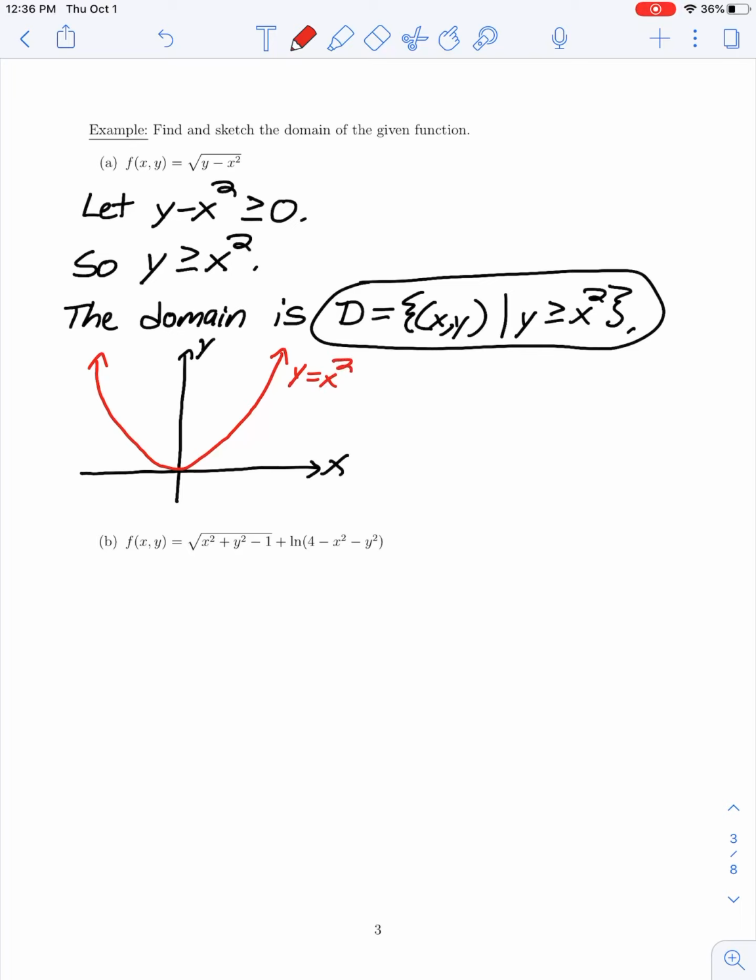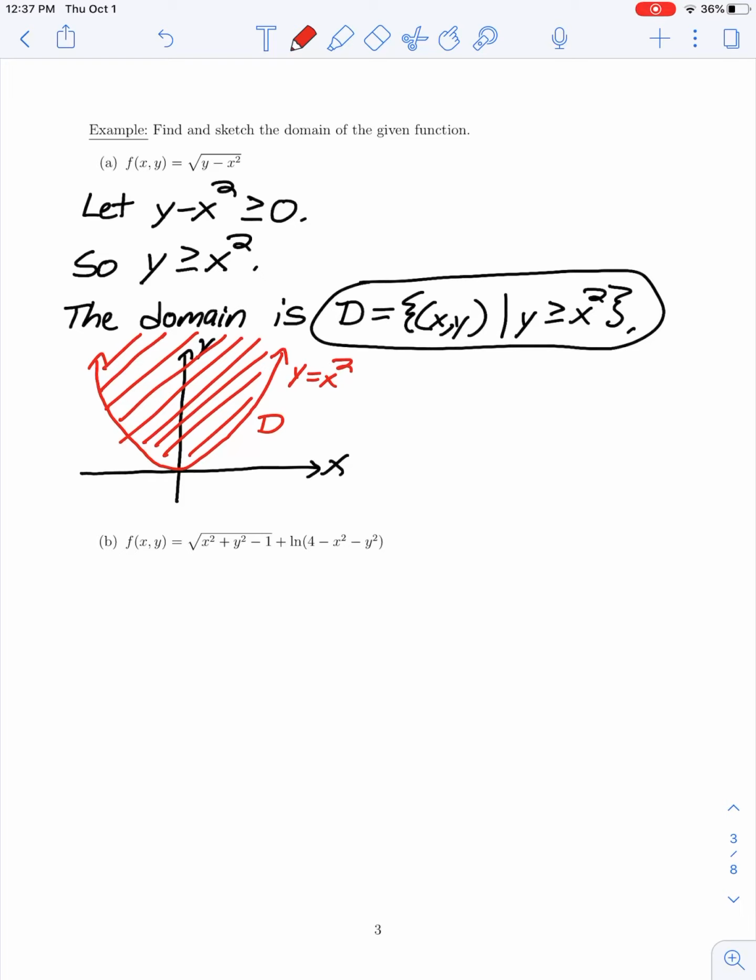Now, if we have the inequality y is greater than or equal to x squared, we're considering all of the points in the xy plane which would lie above this parabola, where y is defined to be greater than x squared. So we're looking at the set of all points above this parabola, and that would be our domain D.